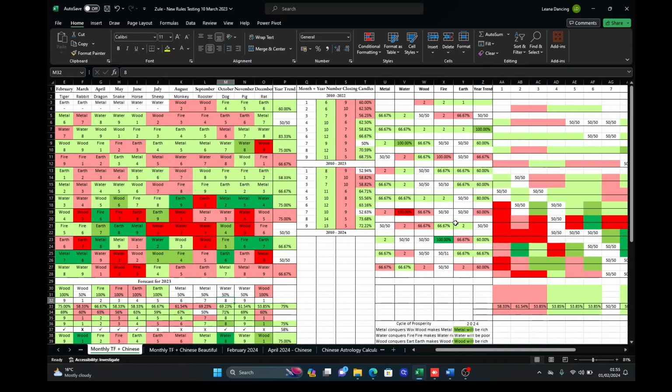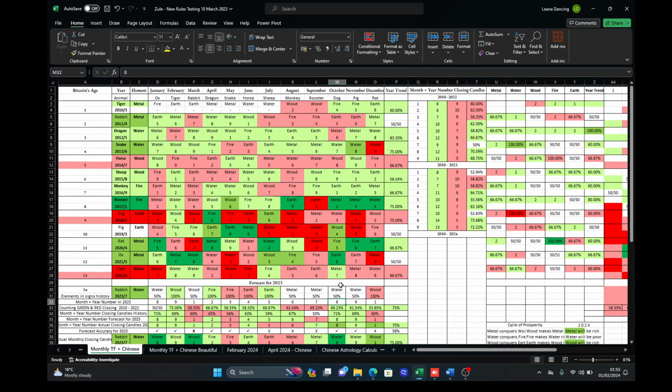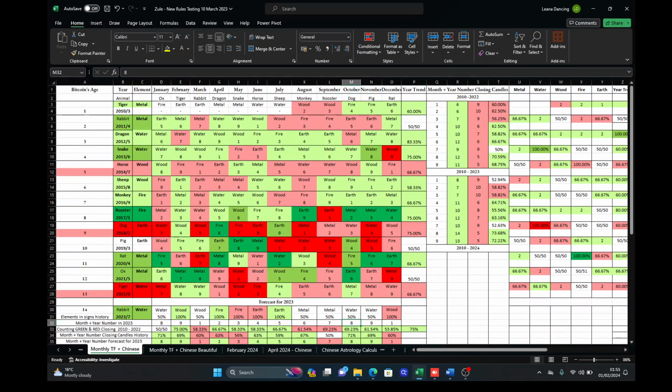These are derivative kinds of calculations which you don't have to understand. This is basically my working spreadsheet, so you don't have to understand everything, guys, because I have not made this spreadsheet to teach people my system. This is literally what I work on.